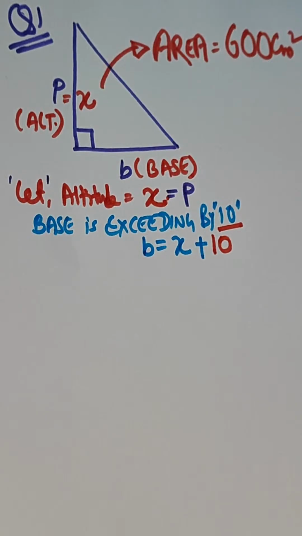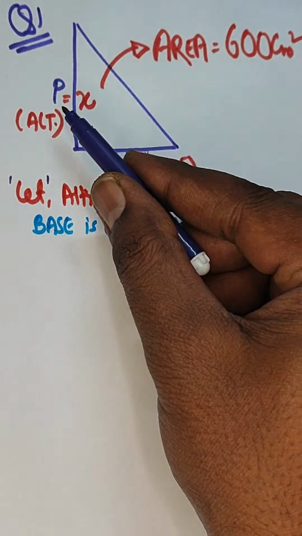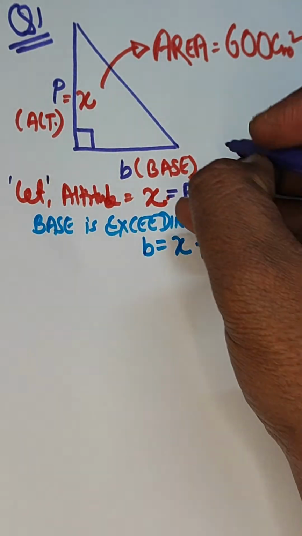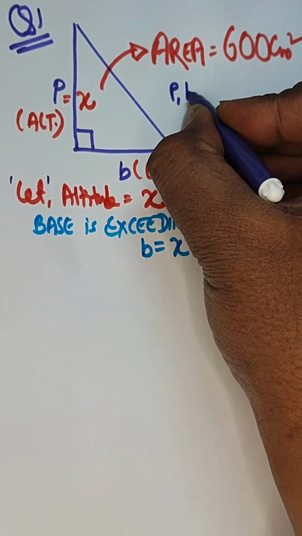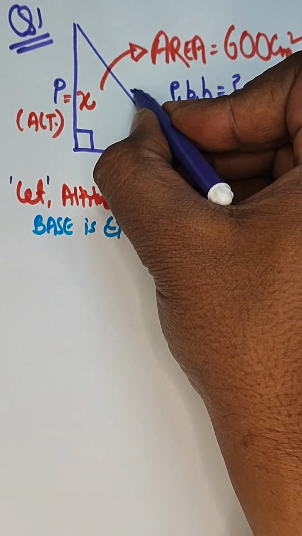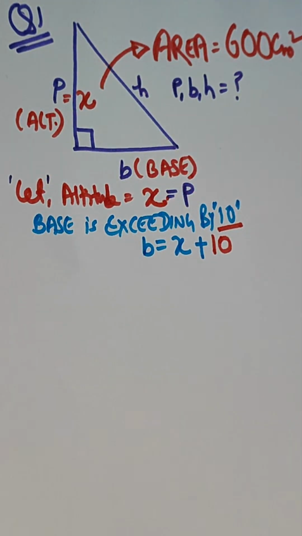With this, my dear friends, we need to find the dimensions of the triangle, that means the perpendicular, altitude, base and the hypotenuse. We need to find P, B and H, where this is the hypotenuse of this right angle triangle.